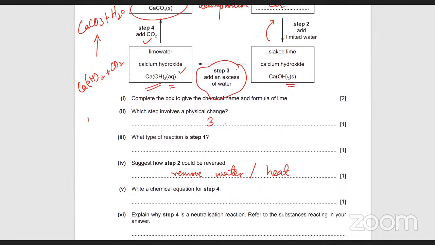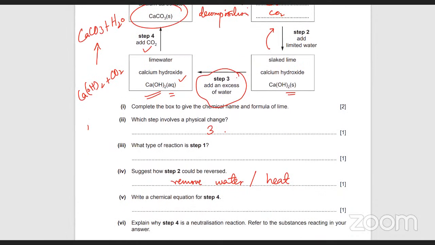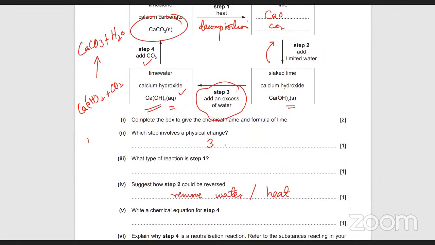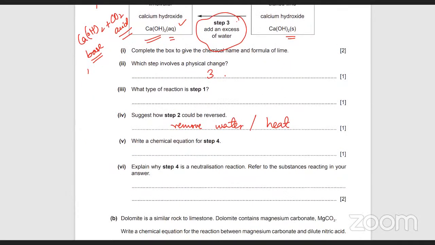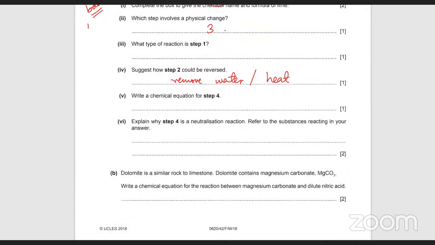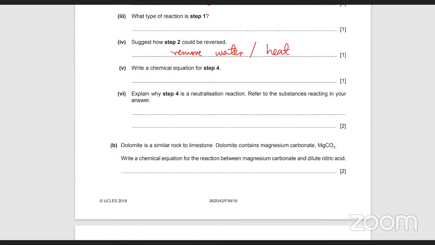Explain why step 4 is a neutralization. Refer to the substances reactant. Why is step 4 a neutralization reaction? Because one of them is acid. Carbon dioxide is acidic gas, or ये base है. So hence it's a neutralization reaction, and refer to the substance reacting in your answer. वो कह दिए. Dolomite is a similar rock to limestone. Dolomite contains magnesium carbonate. So magnesium carbonate की nitric acid के साथ equation.